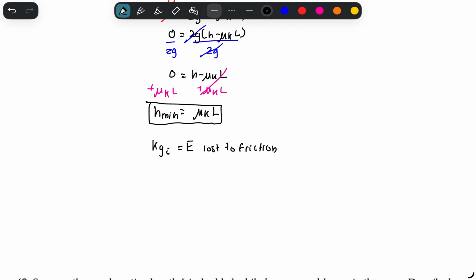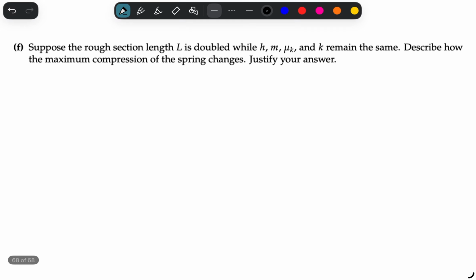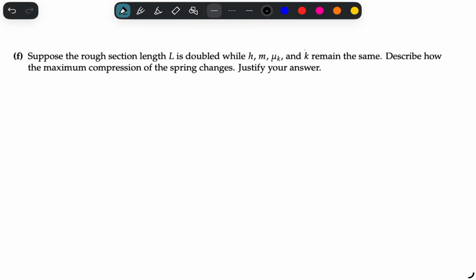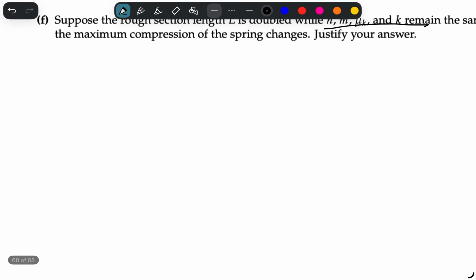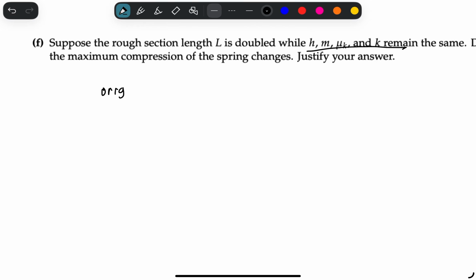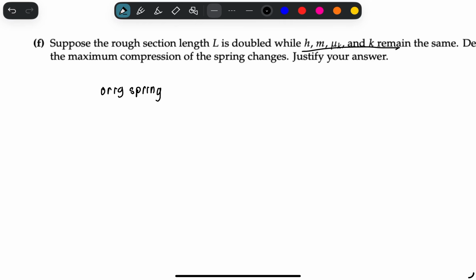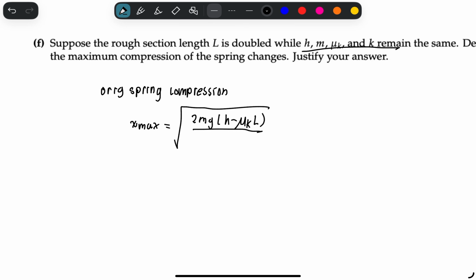That's your h min. Now, our next question is, suppose the rough section length L is doubled while all these variables remain the same. Describe how the maximum compression of the spring changes and justify your answer. So we know that our original spring compression is equal to x max, all divided by k.